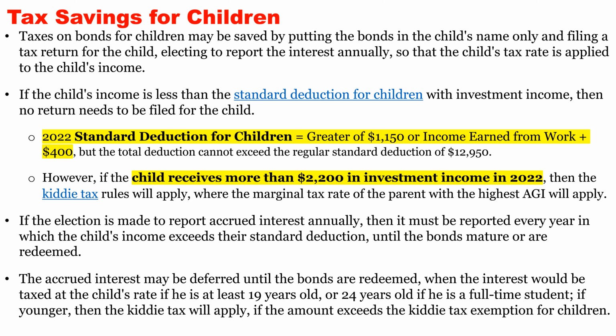However, if the child receives significant income, then kiddie tax rules may apply. In this case, taxes on the interest may be deferred until the bonds are redeemed, when the interest will be taxed at the child's rate if she is at least 19 years old, or 24 years old if she is a full-time student. Redemptions for younger children will be subject to the kiddie tax rules.